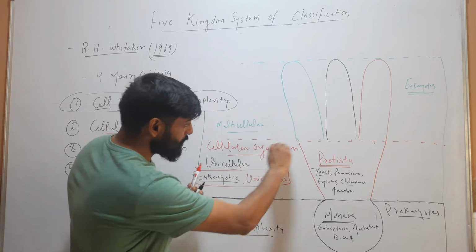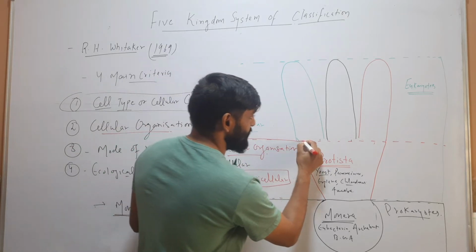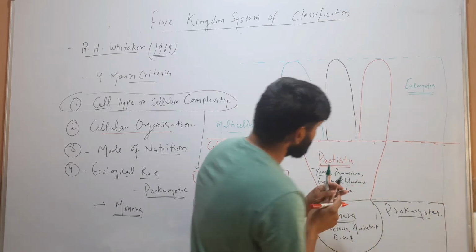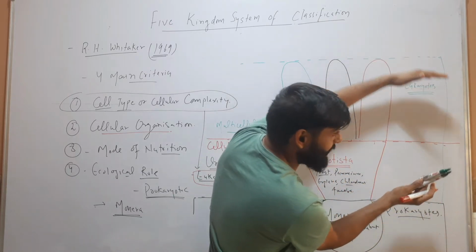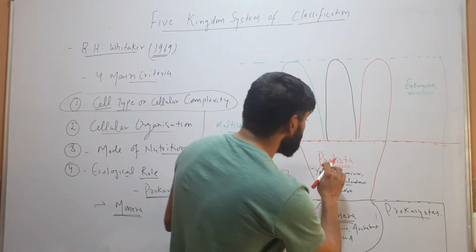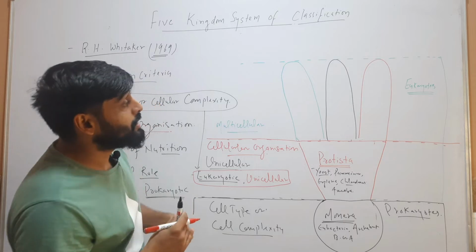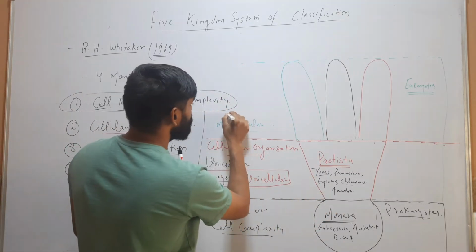So above the protistan line, this was the eukaryotic area, and we have divided it into two. The one is unicellular, and the kingdom of unicellular is protista. Now coming to multicellular eukaryotes.